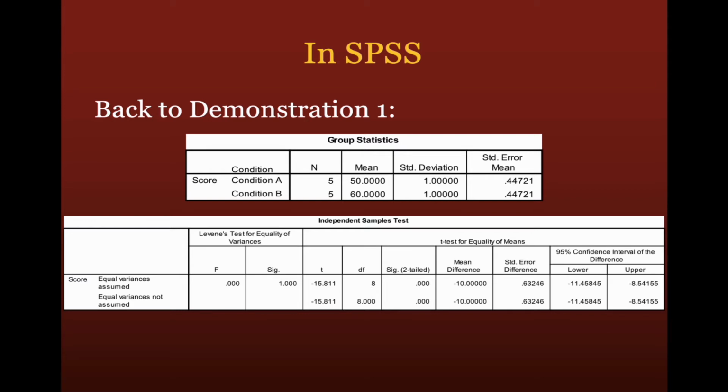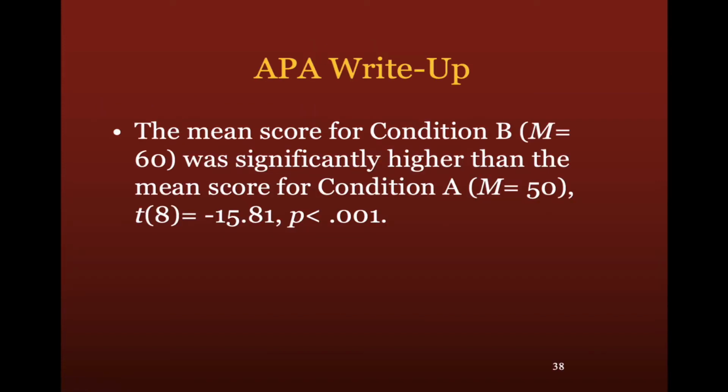And then our p-value is so small that it can't even be written here. It's 0.000. So it's less than, obviously, our cutoff of 0.01 or 0.05. So that would be statistically significant. If we were to write it up, something like this would be one way you can write it up.